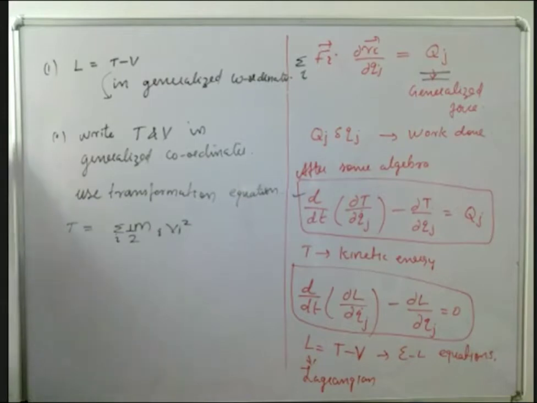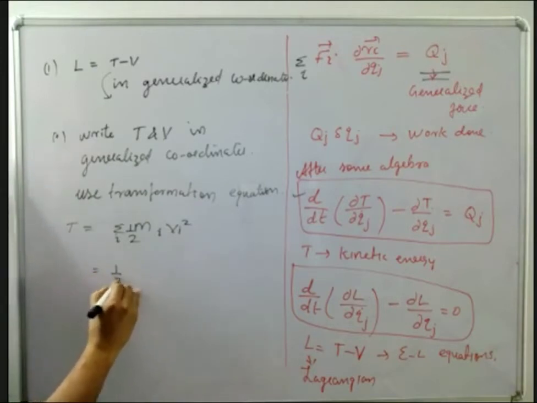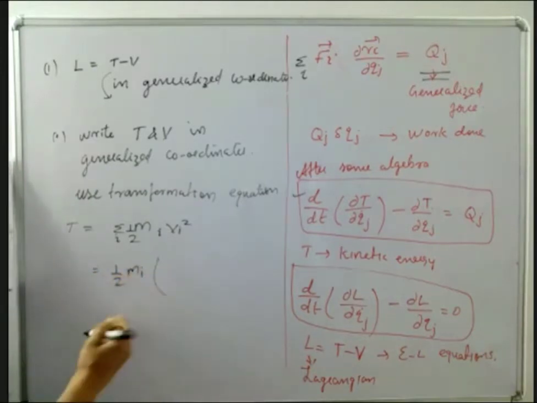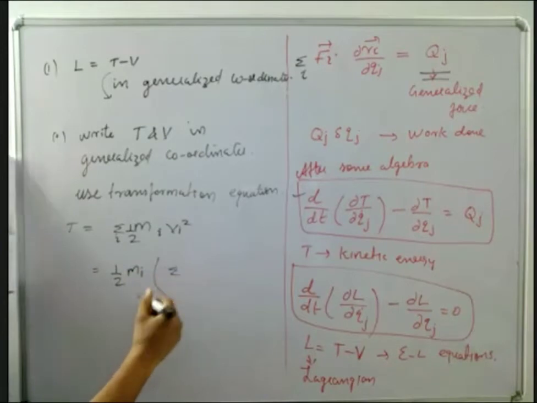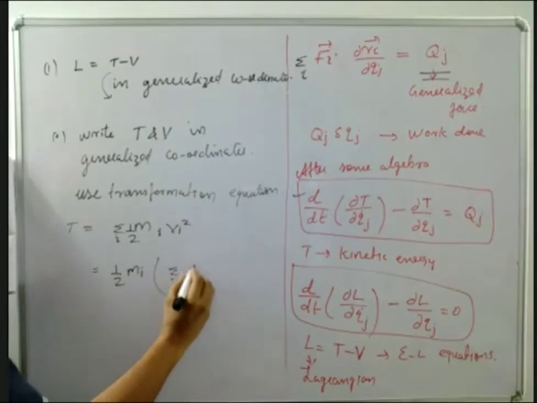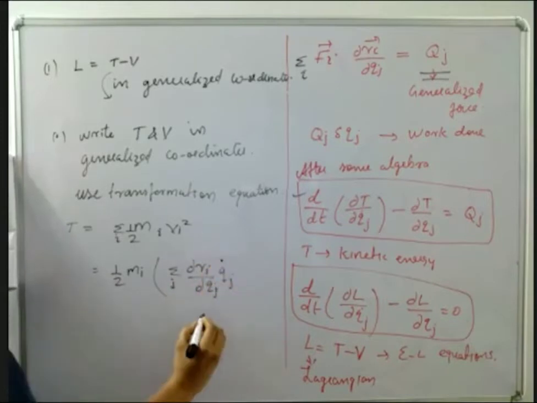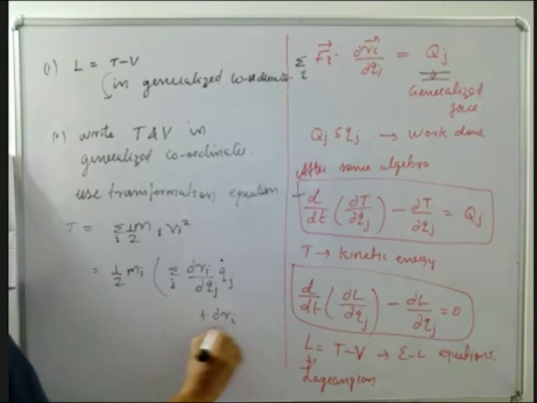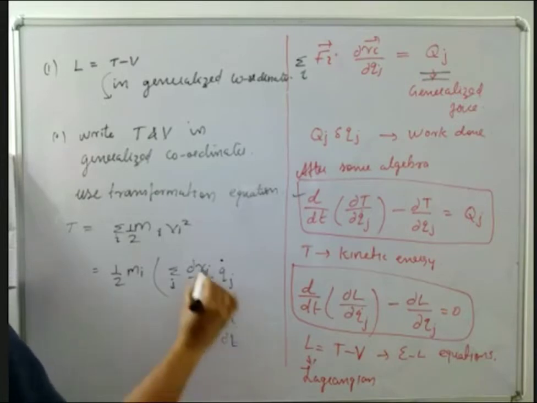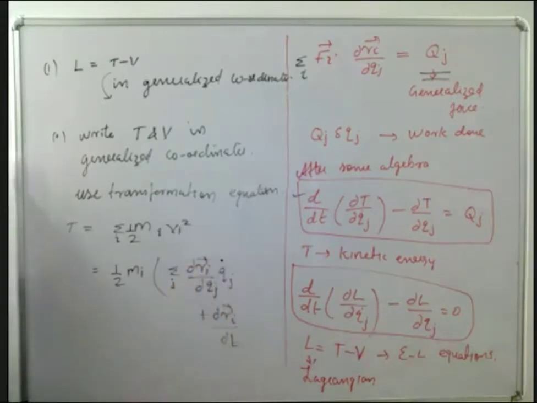And then in terms of generalized coordinates, v_i will become of this form. You can either use this or you can do it differently. These are vectors, and there's a sum over i.